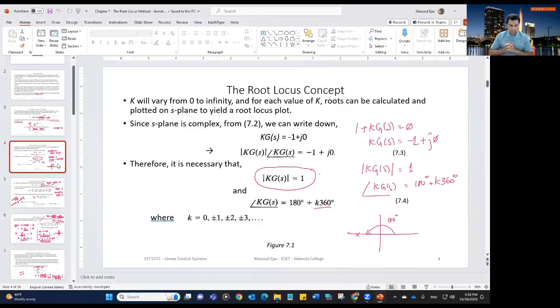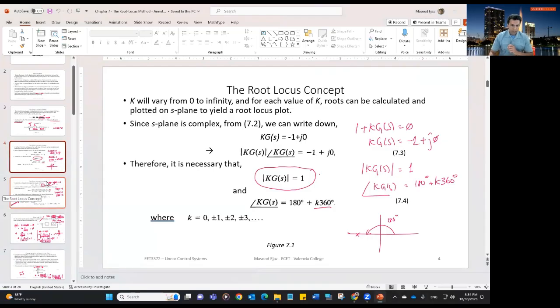With each change of the controller gain, you can plot the roots of the characteristic equation on the S-plane. When we collect all those roots, they make different sections, and the collection of those sections is called Root-Locus.